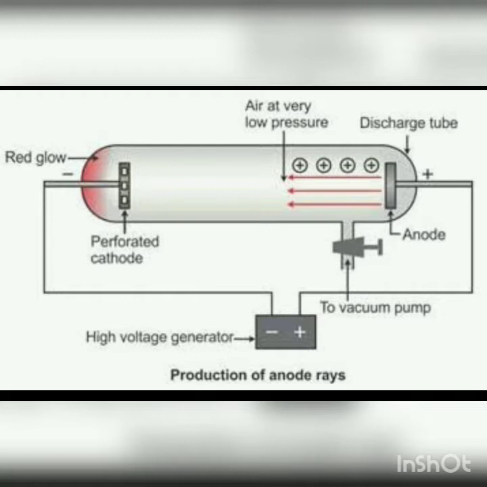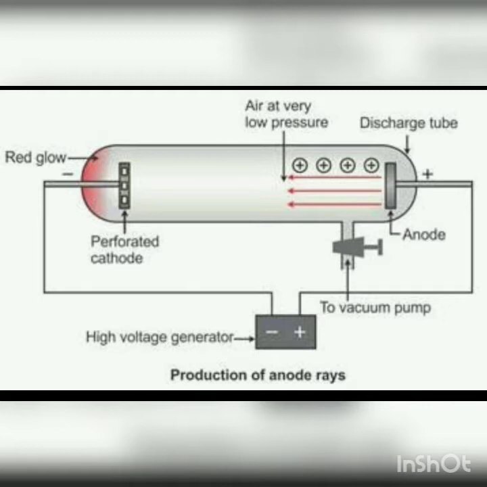From the figure, we have already discussed during the classes that in this discharge tube, hydrogen gas is taken at very low pressure. As we know, hydrogen gas is the lightest gas and the hydrogen atom is the lightest atom. So the positive particles which are obtained from hydrogen gas are the lightest and have the smallest charge.